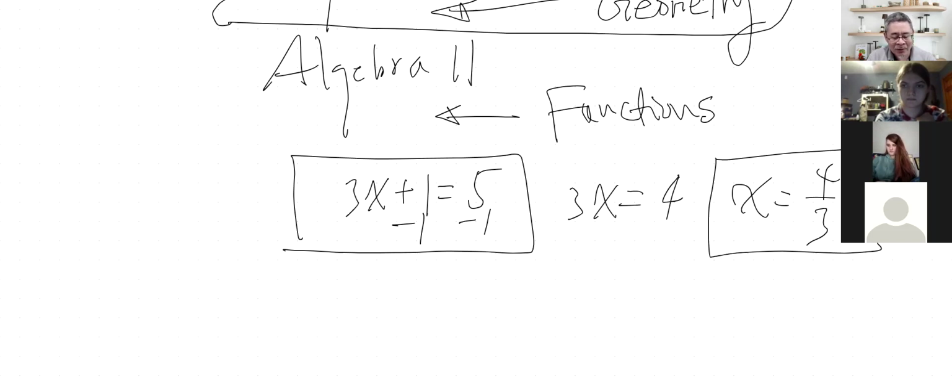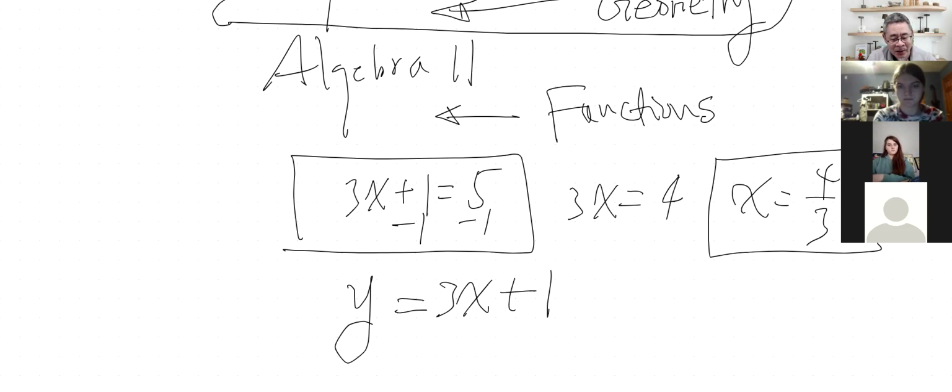You get two answers. But function is different. With a function, we're really dealing with variables. Like if we're dealing with y equals 3x plus 1, then if you graph it, it is a straight line, which means x can be any value, and y has to be dependent on what x is. But y can also have any value, any real numbers.